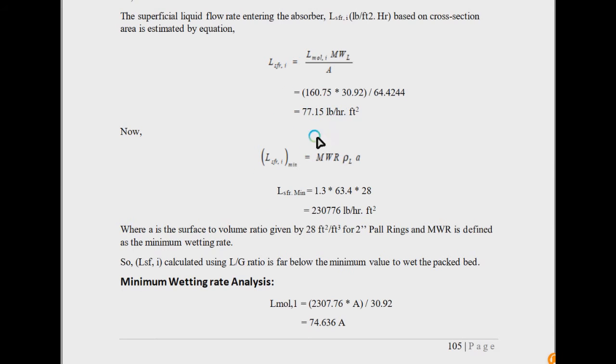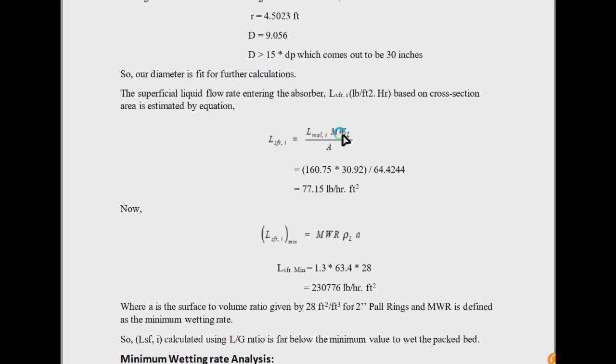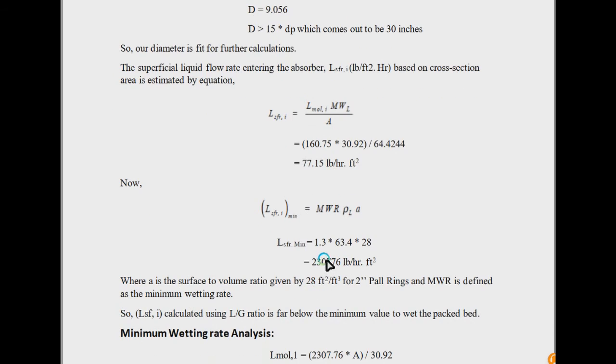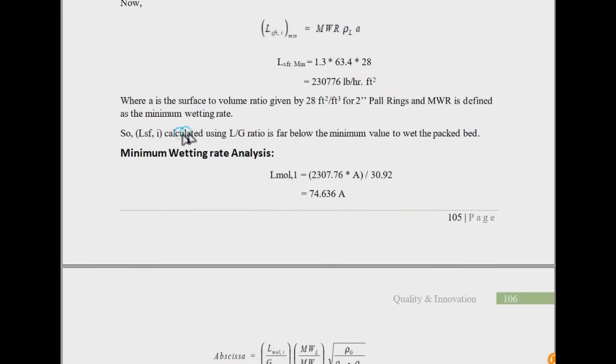So I have to reiterate or recalculate my actual wetting rate based on area optimization. I have to increase my area or decrease my area, so you can imagine the minimum wetting rate constraint is achieved, either this is lowered or this increases. Something has to happen, and it can happen in both ways based on the minimum wetting rate analysis.